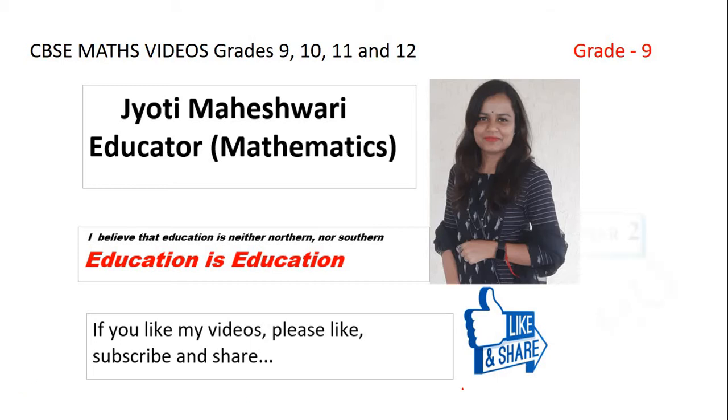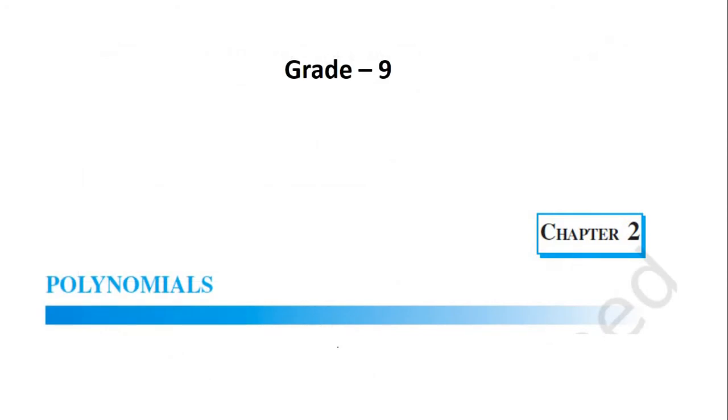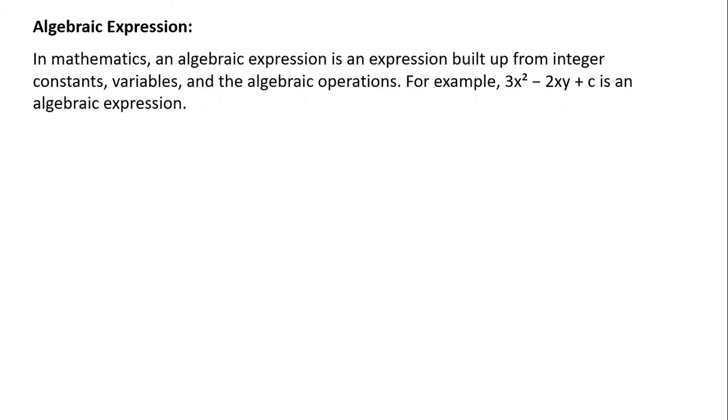So let's start with chapter 2, polynomials. For polynomials, first we would discuss the algebraic expression. You must be knowing about algebraic expression. It is a combination of constants, integers, variables and algebraic operations.